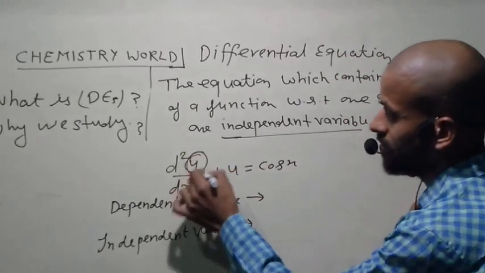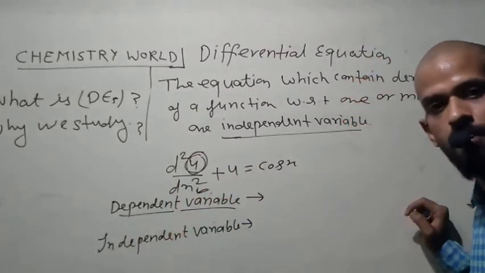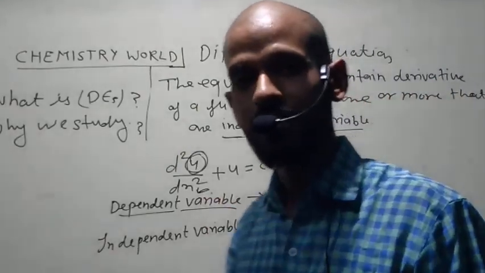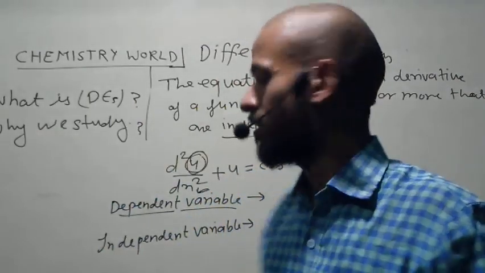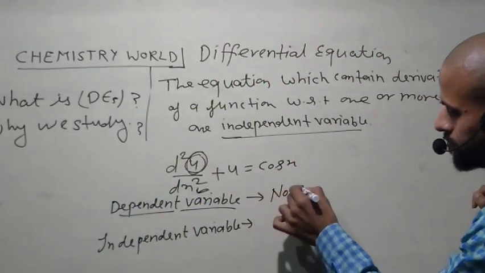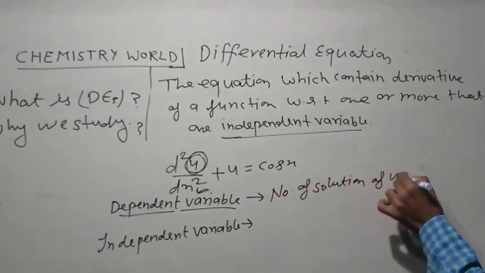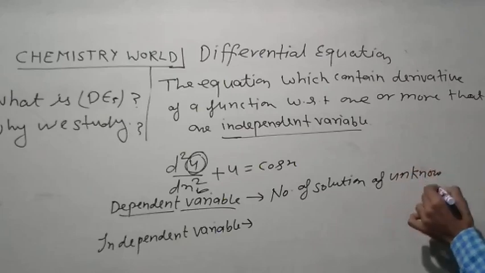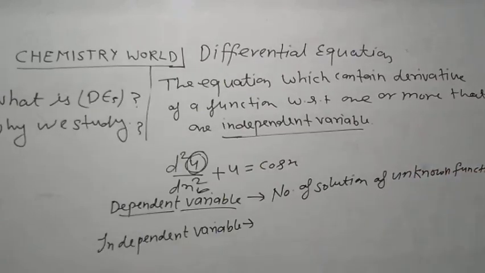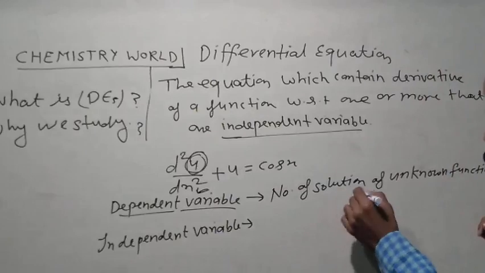So u is the dependent variable, which depends on the parameter x. The dependent variable can be defined as the variable which consists of the solution of the unknown function. In a differential equation, the dependent variable generally appears in the numerator.